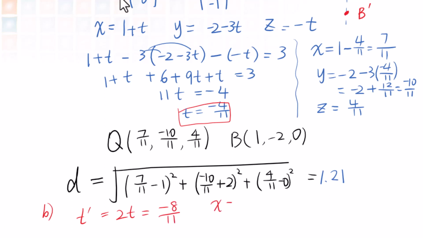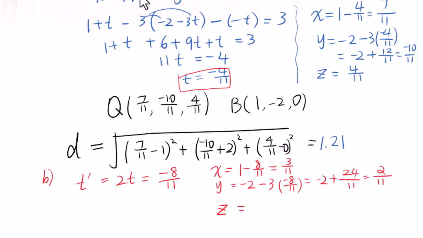So x equals 1 minus 8 over 11 equals 3 over 11. y equals negative 2 minus 3 times negative 8 over 11 equals negative 2 plus 24 over 11 equals 2 over 11.